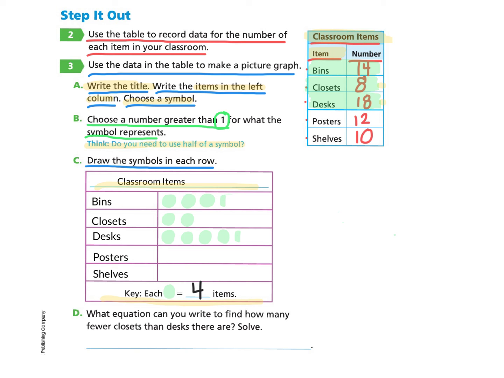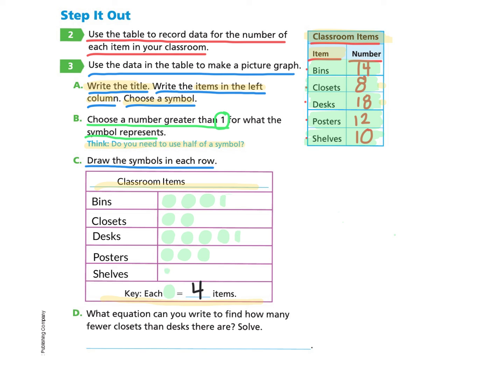All right, we're ready to go on to posters, and posters has the number 12. So we are going to draw 1, which is 4, 2, which would be 8, and 3, which would be 12. So we only have to draw 3 symbols for posters. And the final one is shelves, which is 10 items.